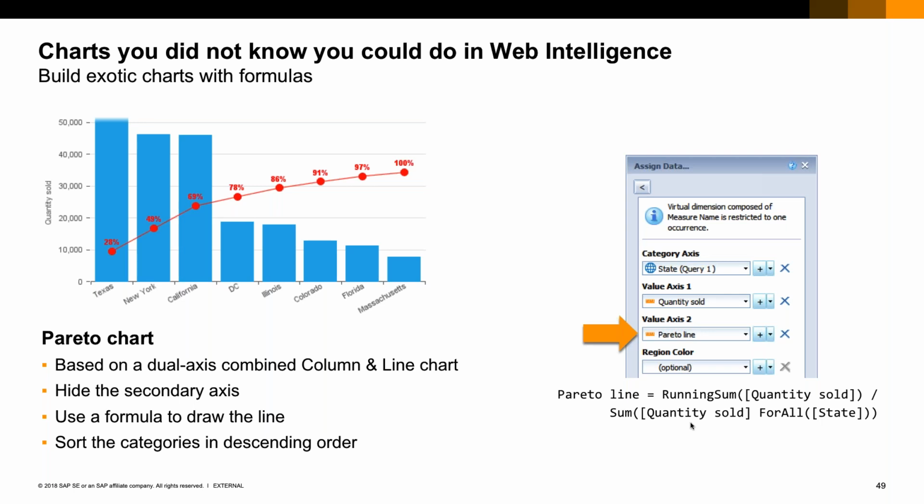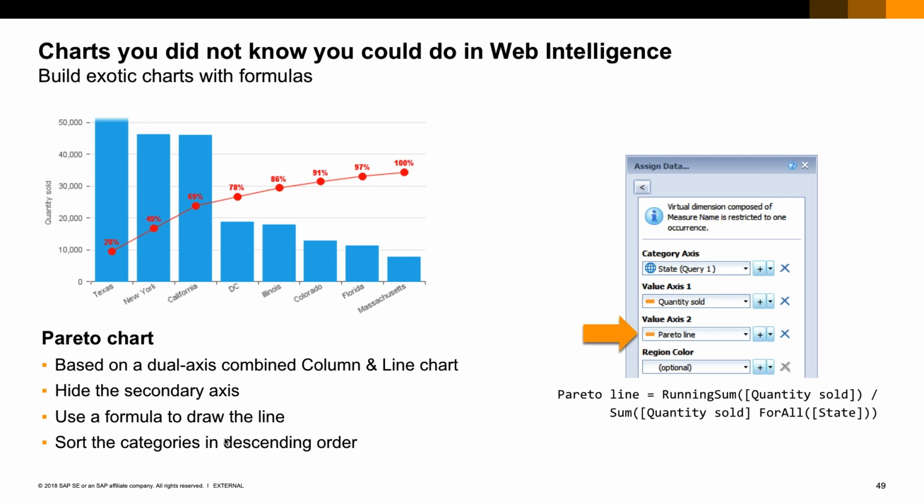It's just a running sum on the value you want to display on that line, for all the values of the dimension used on the category axis, here it is state. All the examples I'm using here, you can reproduce them easily with eFashion, the sample universe we're providing in Web Intelligence. And then you just sort the categories into a descending order on that chart, and then here you go.